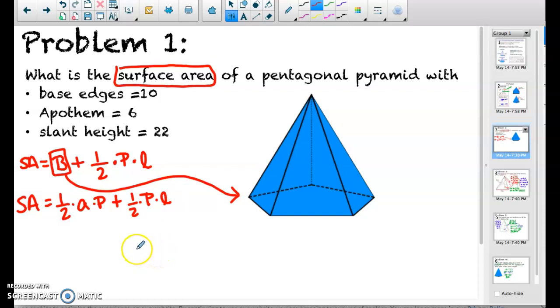Okay, at this point, I'm going to start putting the numbers on my figure and then plugging the numbers into the formula. So the base edges are all 10. So around the base, all of those sides have a length of 10.